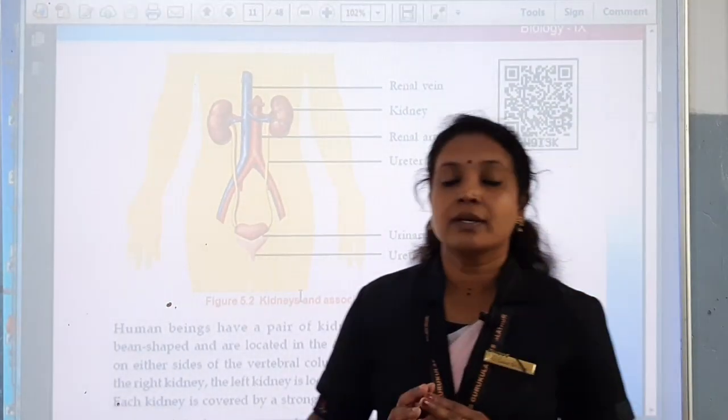The kidneys are situated in the abdominal cavity. You all know that we have a pair of kidneys and they are bean shaped, and these two kidneys are situated in the abdominal cavity on either side of the vertebral column. Do you know what the vertebral column is? The backbone.